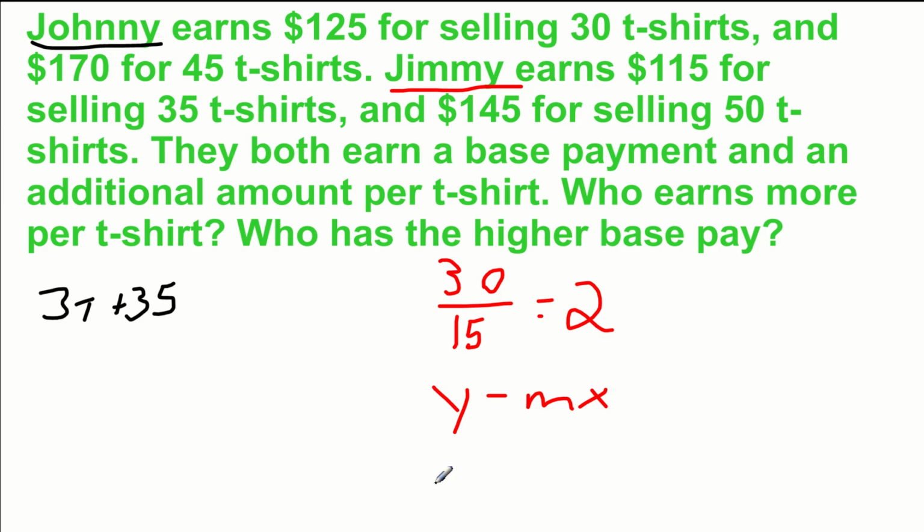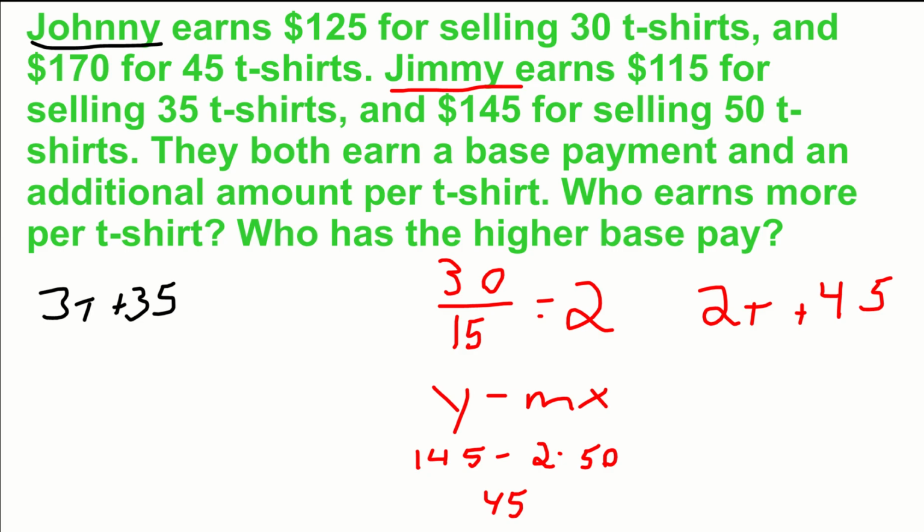I'm going to use the second one this time because those are easier numbers. With the calculator, it doesn't make a difference, but I'm not using one, so 2 times 50 is easy. That's 100. 145 minus 100 is 45. So that means for Jimmy, we'd have 2t plus 45. Okay? Everybody good with that?